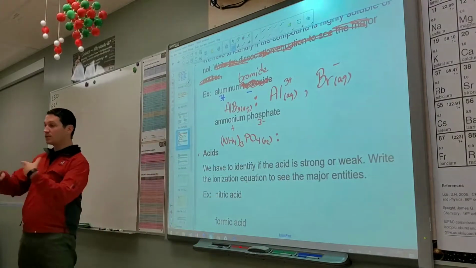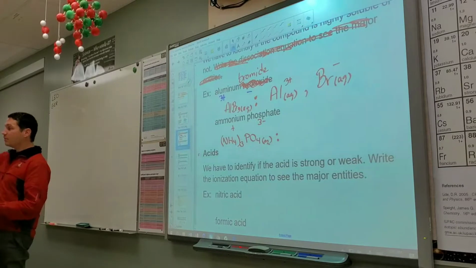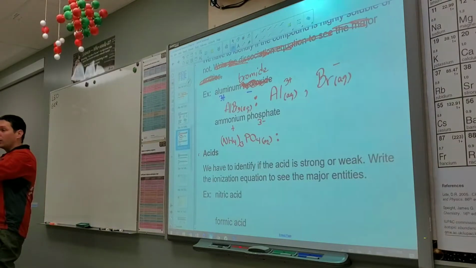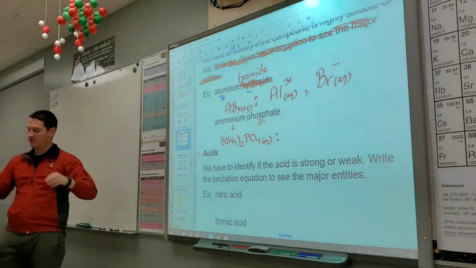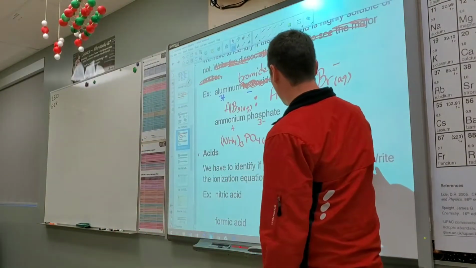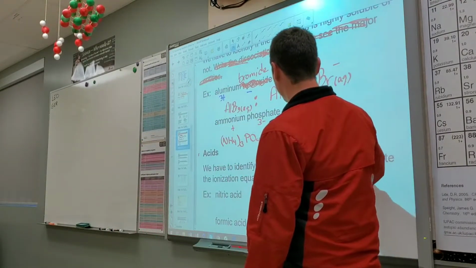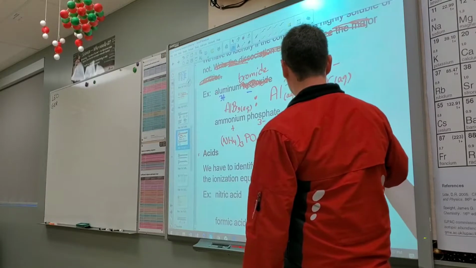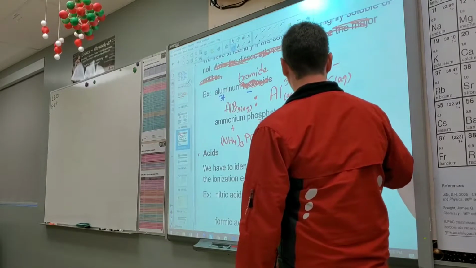When I put ammonium phosphate in water, are the ammonium and the phosphate stuck together? No, the ammonium ions are floating around independently of the phosphate ions. So let's list. We have ammonium ions and we have phosphate ions, PO4 3 minus.